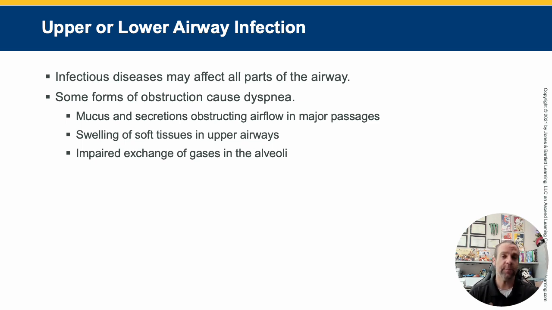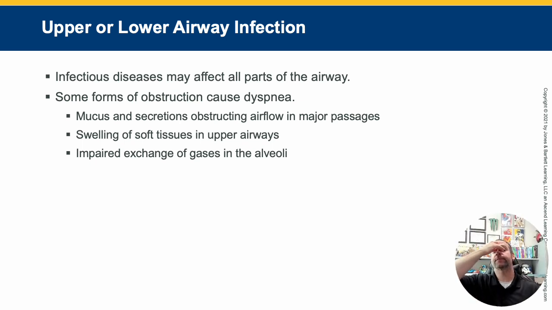Meanwhile, in the lower respiratory tract, you have infections like pneumonia that cause the alveoli to fill with fluid or pus, really impairing the vital exchange of gases. So this results in inadequate oxygenation, even if airflow into the lungs appears to be normal.